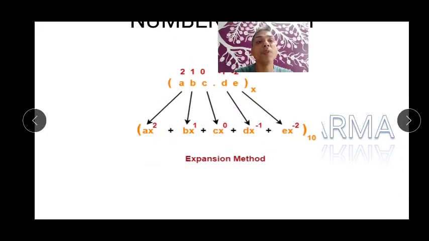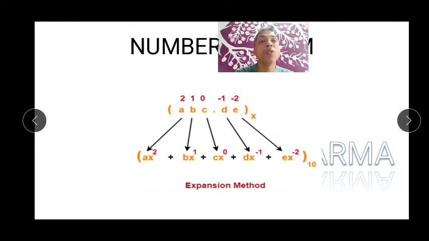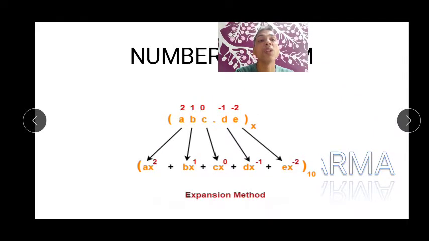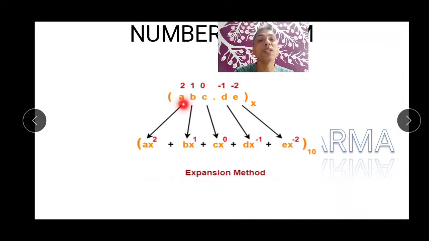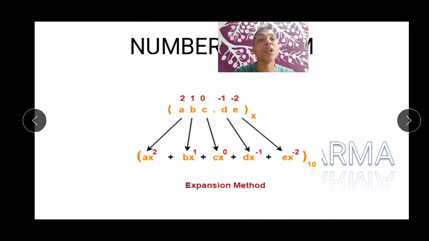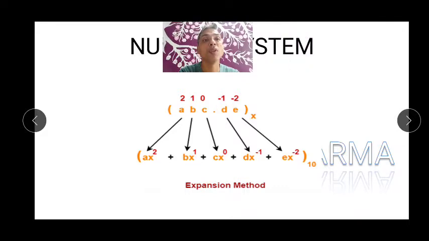Now this is a perfect example. Whatever the number is, this is the position. So C is at the 0th position, B is at the first position, A is at the second position. Can you see that decimal point? D is towards the right, that's why it is -1. E is again towards the right, so it's -2.